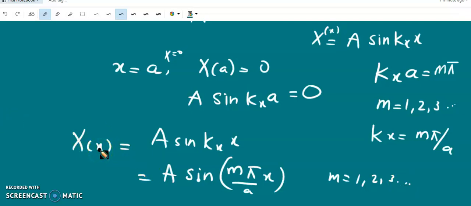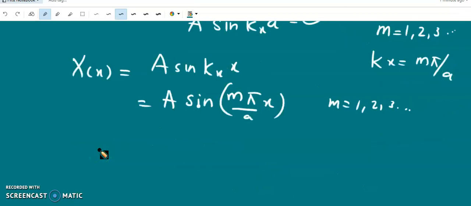Similarly, we can solve equation number 2, which is an equation in the variable y. From this figure of the rectangular waveguide, we can see that y varies between 0 and b, so the boundaries are y equal to 0 and y equal to b.